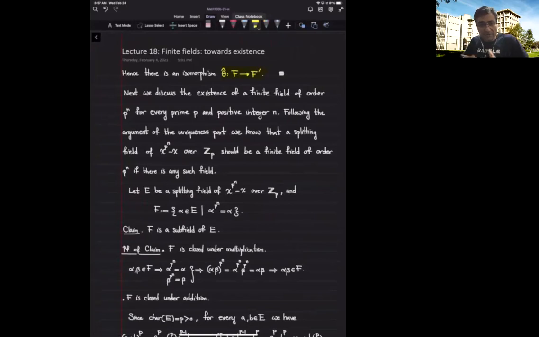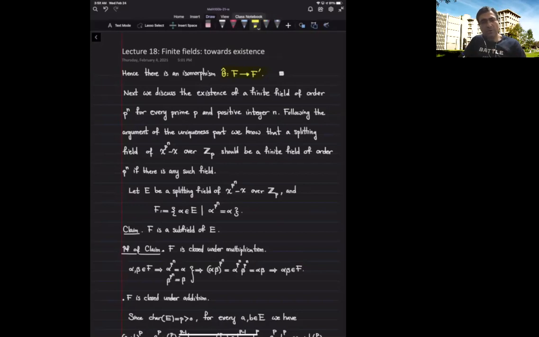But we haven't shown that there is a finite field of order p^n. What we showed is that if there is such a field, then it should be the splitting field of the polynomial x^(p^n) - x over the base field Z_p. But this insight gives us a very good candidate for such a field.